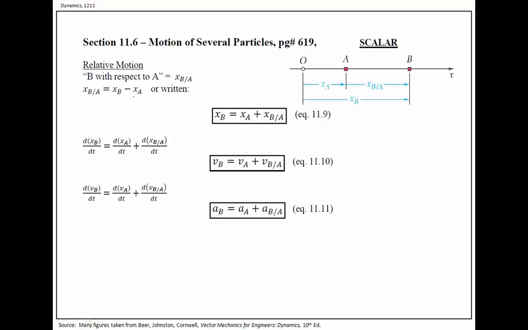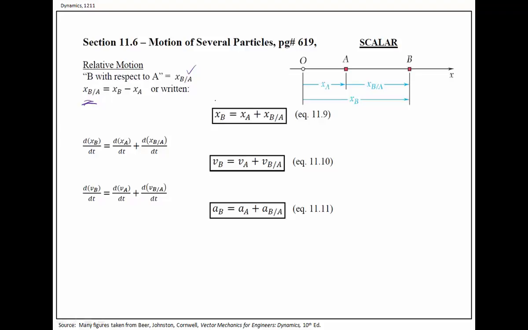So usually, in terms of a position, that would be the distance between us. If I am B and I look at A, the relative position between us is B with respect to A. That's the way we refer to that, with A being the reference.